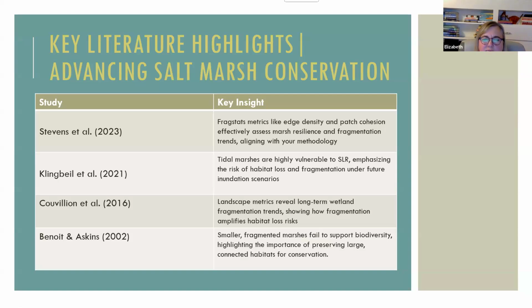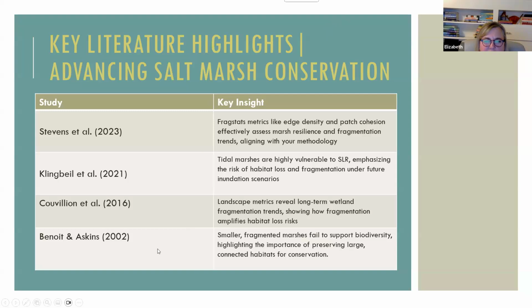And halfway through my project, I found this great report, or paper, by Stevens et al., looking at the fragmentation within New Hampshire, specifically along the coast, but also a little more inland. So it was great to read that and have it support some of the findings I was getting.